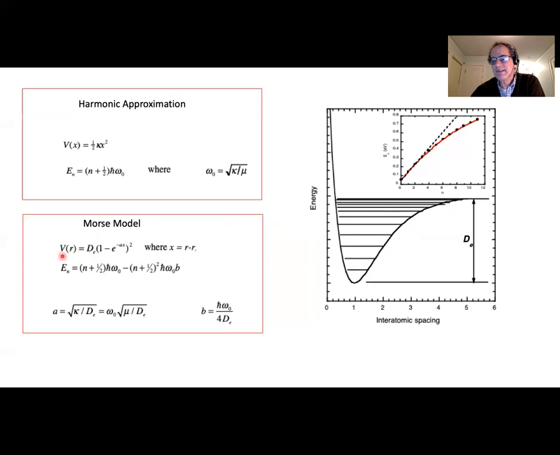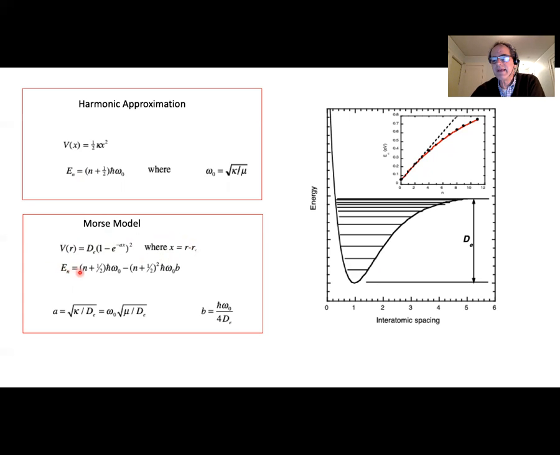In the Morse model, the potential energy is D times (1 minus e to the minus a x), and then this entire term is squared, where x is the difference between the internuclear separation and the equilibrium internuclear separation. This model gives the following energy levels. This is why it's so great.